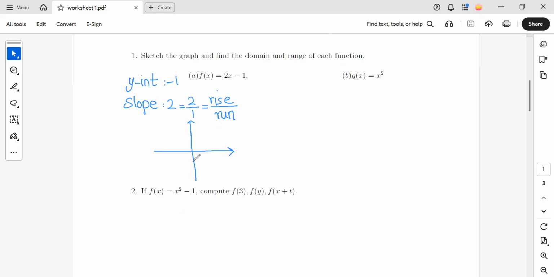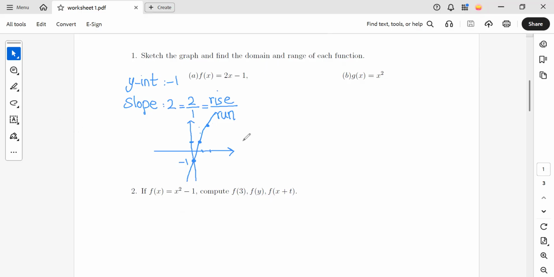I would start from -1, which is the y-intercept, 2 units to the top, which is here, and 1 unit to the right, which is here. Let me erase all these. Okay, from here, 2 units to the top and 1 unit to the right. So this is the line, and it should be a straight line.